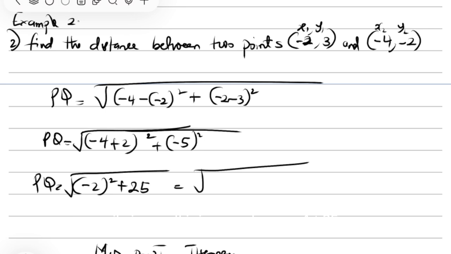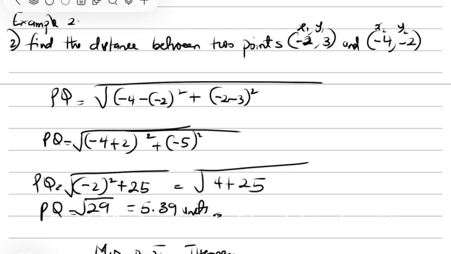This is going to become 4 plus 25. So our PQ is going to become root 29. And what is root 29? Root 29 will give us 5.39 units. So that is the distance between the 2 points.